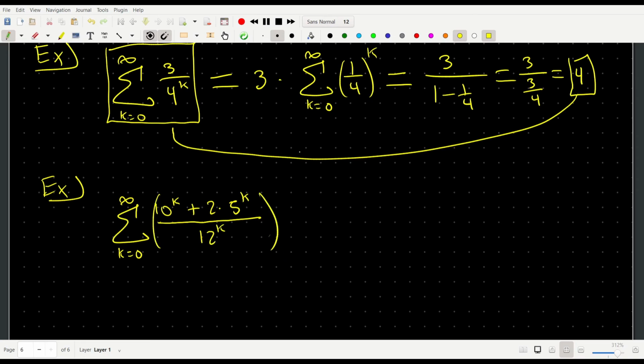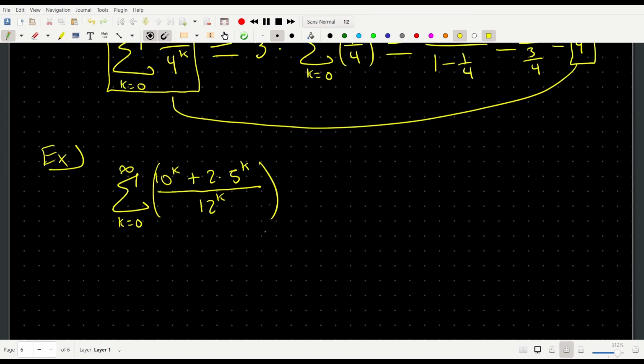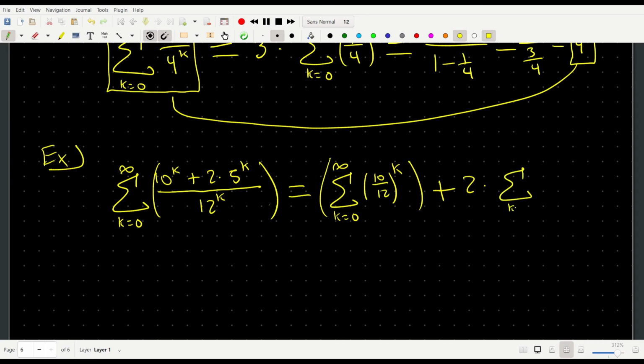And like before, I used my constant rule. So we're going to use the sum rule now. This is going to be the same thing as the summation from k equals 0 to infinity of 10 to the k over 12 to the k, or 10 twelfths to the power k, plus 2 times the summation from k equals 0 to infinity of 5 twelfths to the power k.